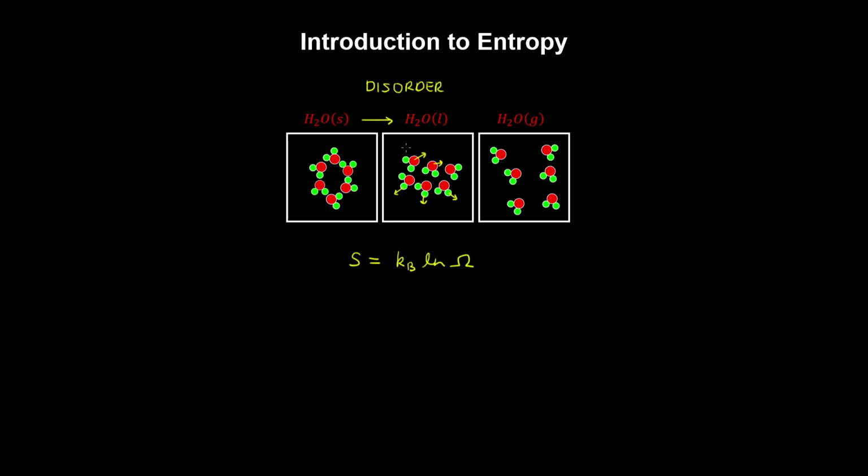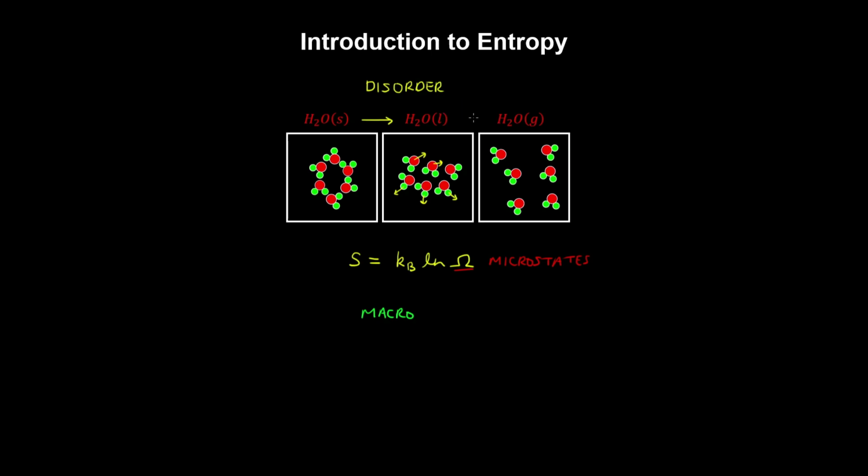And if you take a snapshot of this system at the micro scale, at different times, you'll see that the molecules can occupy more positions and thereby can occupy more microstates. But at the macroscopic scale, you'll see that the water pretty much looks the same, because you're taking the average behavior of a large system of these molecules.